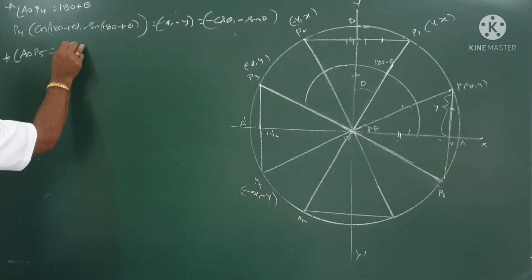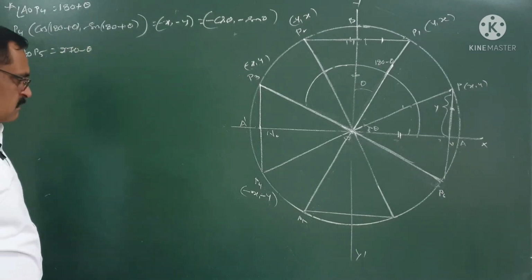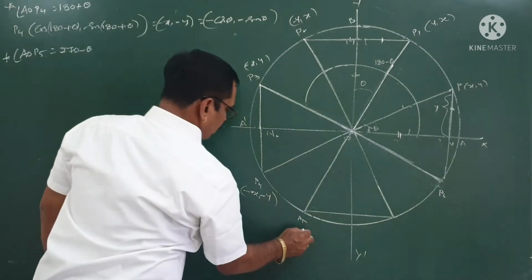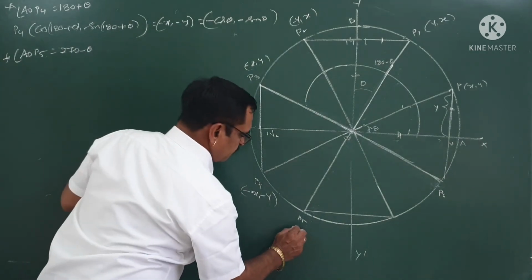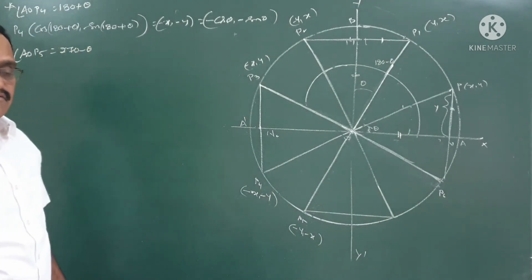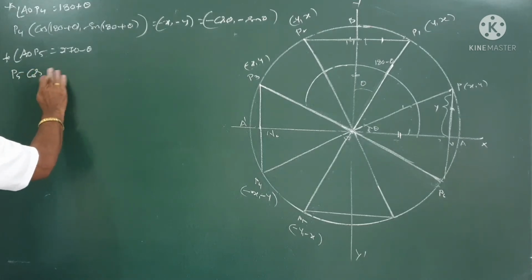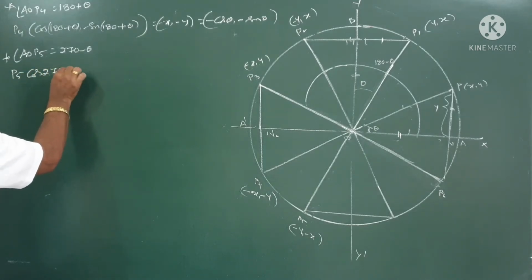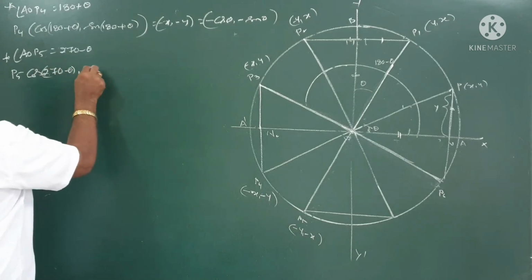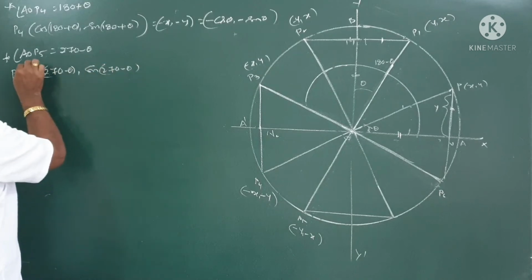Whereas angle AOP5 is 270 minus theta. For 270 minus theta, my coordinates will become minus y comma minus x, where x becomes y and y becomes x. So my P5 point is cos of 270 minus theta, sin of 270 minus theta.